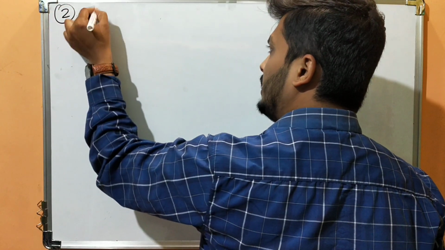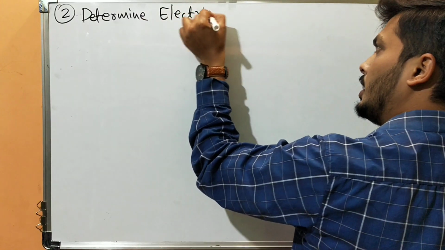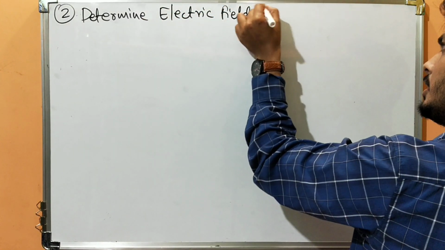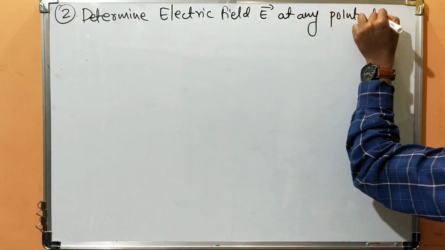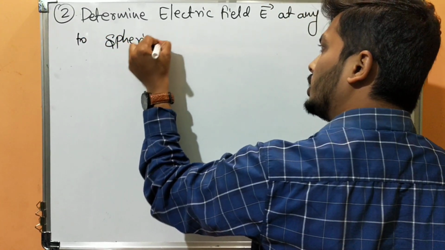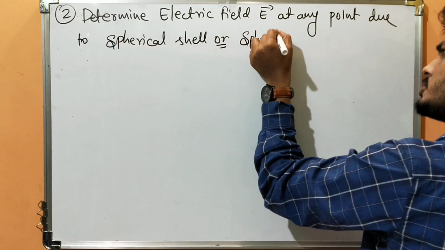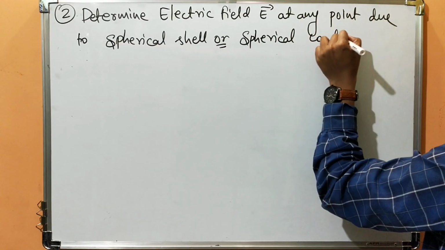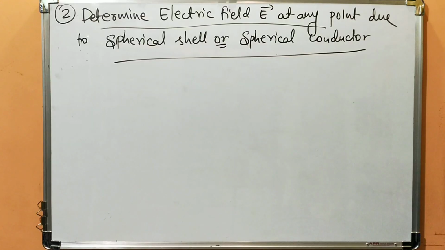So my next application, the second application, is to determine the electric field E at any point due to a spherical shell, or you can write it as a spherical conductor, spherical shell or spherical conductor. Okay, now just a minute.